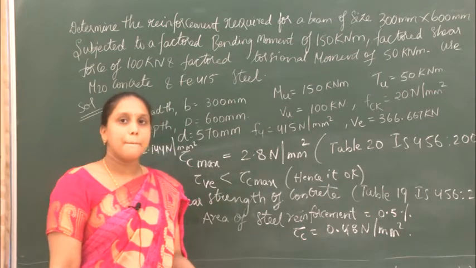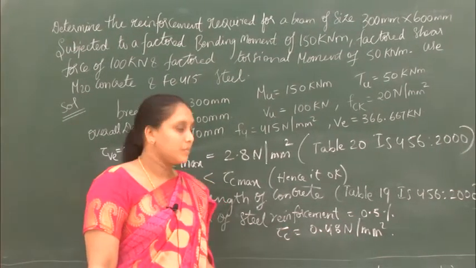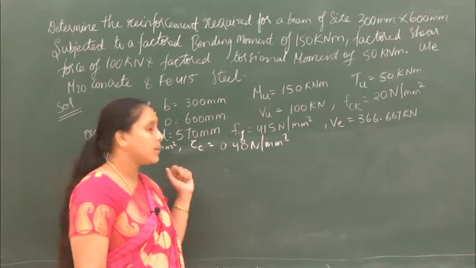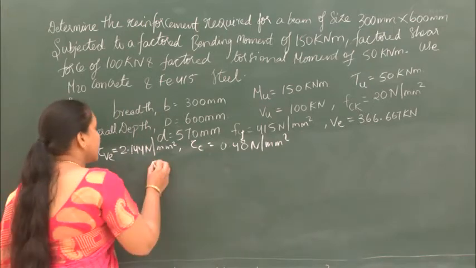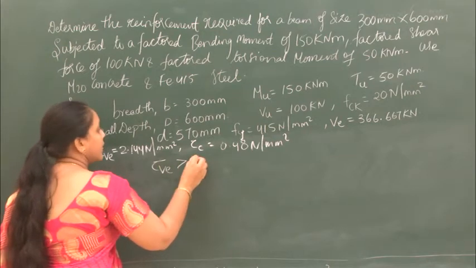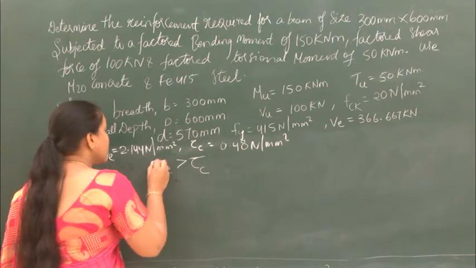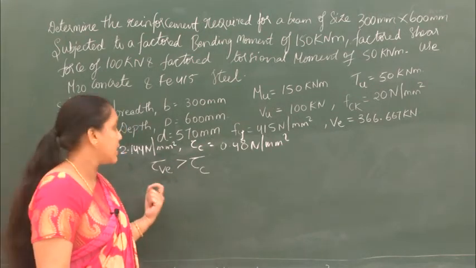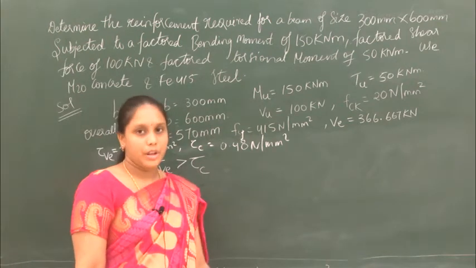So if you observe here, tau E is greater than tau C. If tau E is greater than tau C, we have to provide the torsional reinforcement.